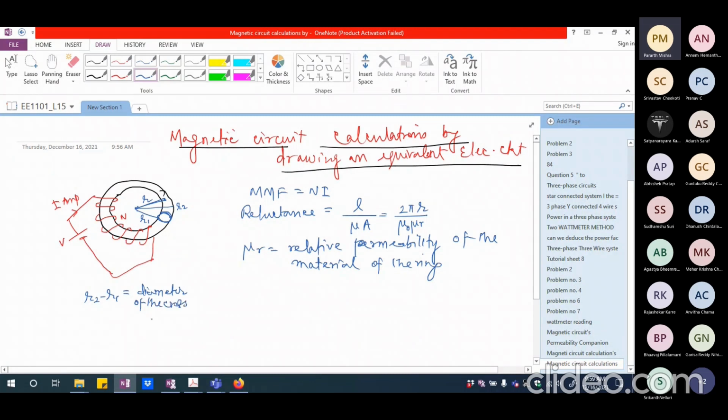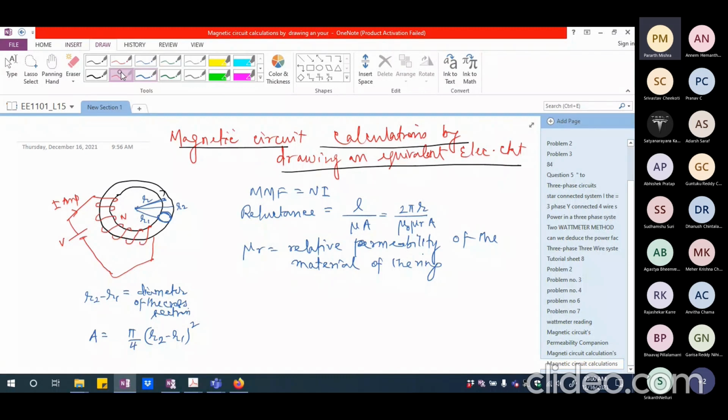So I should be able to calculate the area as pi by 4 times R2 minus R1 the whole square, from pi r square. I can just write that as the area here. So this is going to give me the reluctance.